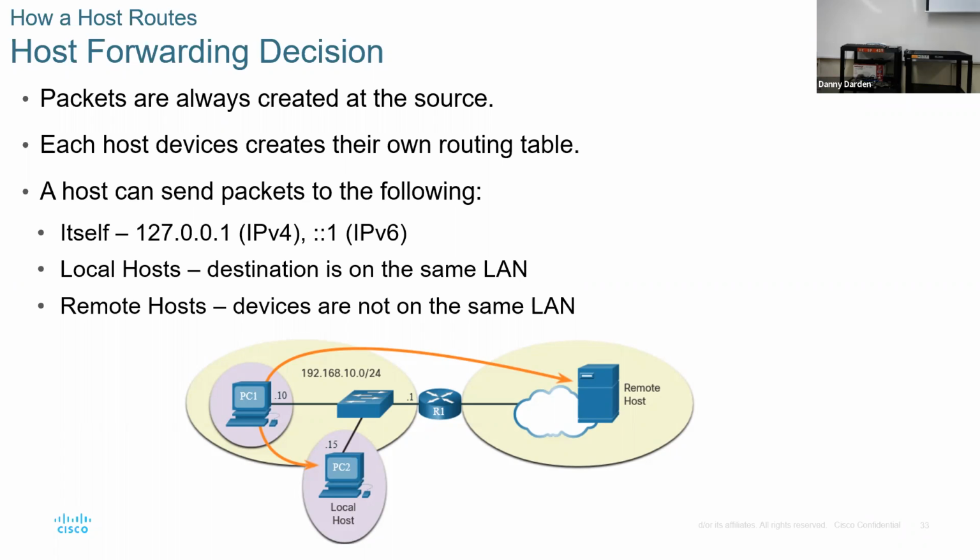But here's what happens. Packets are created at the source. We talked about this when we were looking at the switch yesterday, asking which one it is. When the switch receives the packet, that was a real concern from a couple of people: who's the sender and who's the recipient?